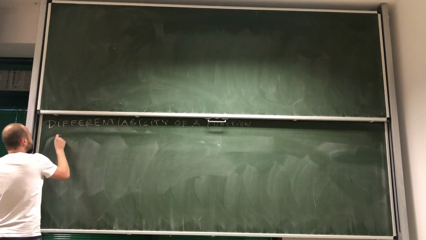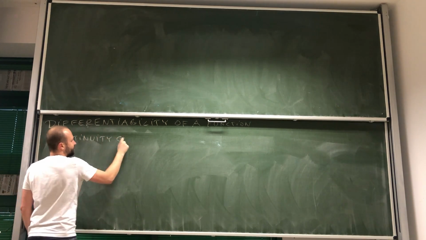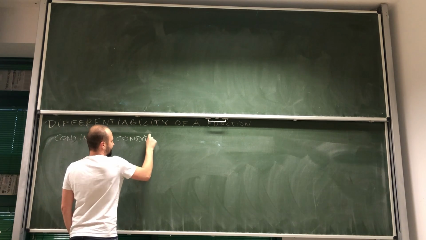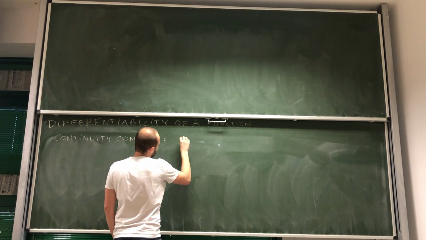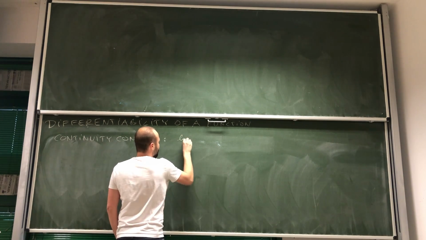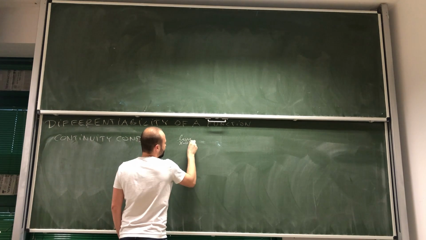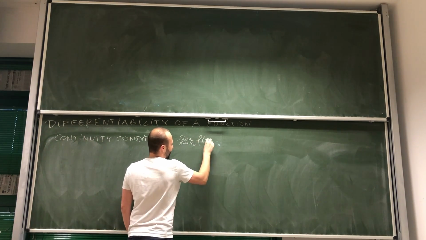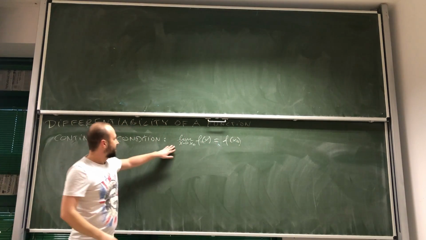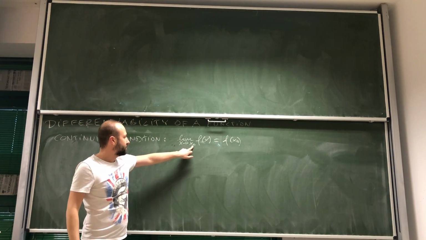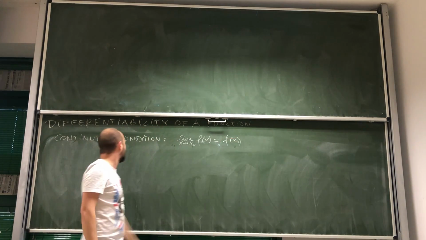And look, continuity condition can be written as the limit with x approaching some x0 out of f of x is equal to f of x0. So again, limit of a function at some point must be equal to the value of the function.